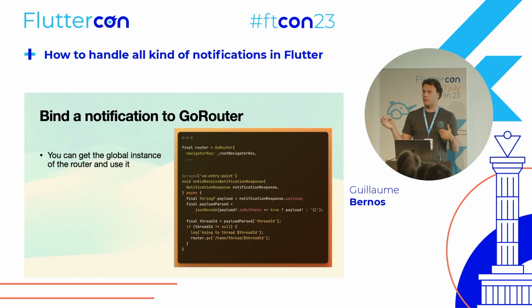You used to have to bind everything below the GoRouter instance, but now since it's a global object, you can just use it. And even if your app is still starting when you click on it, it will still go to the right page. So this is quite easy with GoRouter.